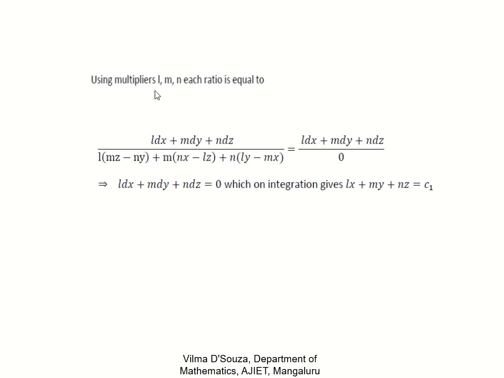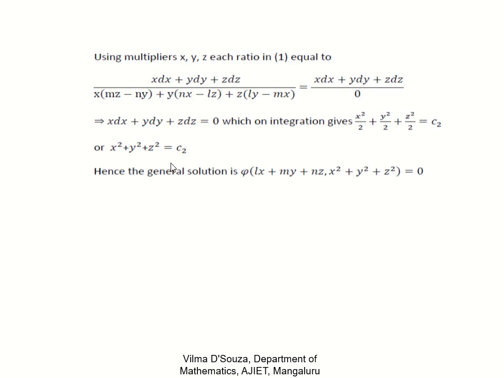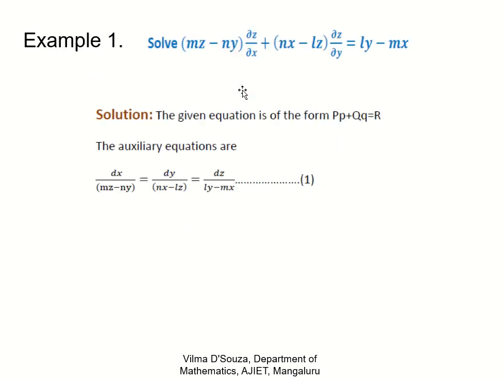So what are the multipliers we use? Using the multipliers l, m, n, or I have done here x, y, z. Using the multipliers x, y, z, each ratio is equal to, observe here, x dx plus y dy plus z dz.